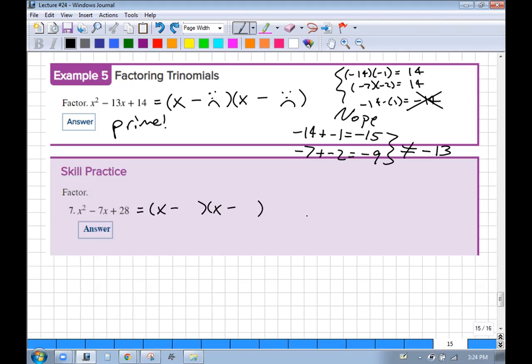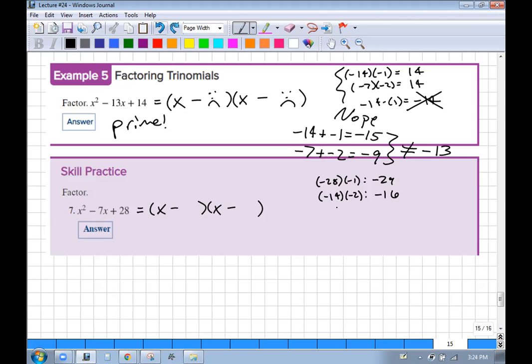And we look at 28, we could say, okay, negative 28 and negative 1, right? They multiply to give us 28, but they add to give us negative 29. We need a negative 7. So let's look at another option. We've got negative 14 and negative 2, but they would add to give us negative 16, not negative 7.